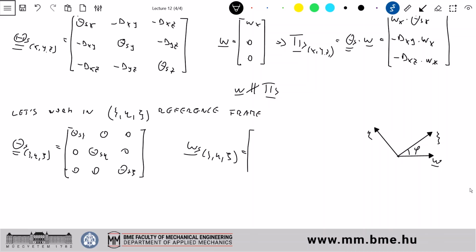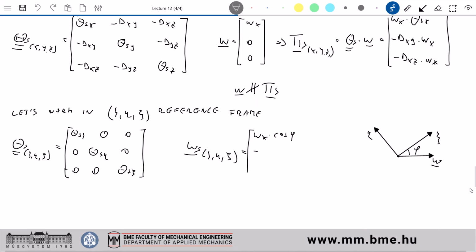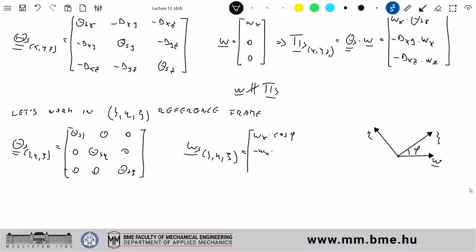So in the psi direction we have omega times cosine of phi, in the eta direction minus omega x times sine of phi, and 0 in the zeta direction.